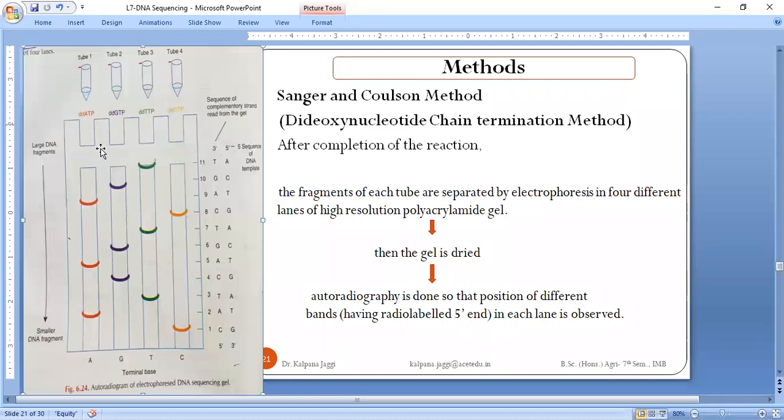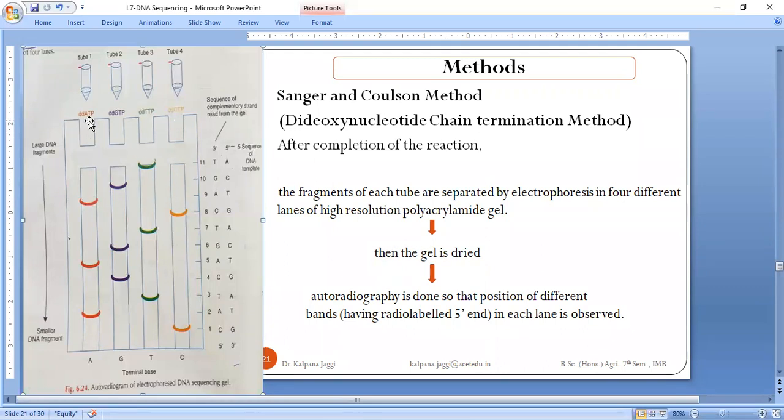So when this gel is dried and exposed to autoradiography, the radio labeled isotopes actually emit color, because we have utilized these ddNTPs that are of different colors, so they will be emitting their particular color.